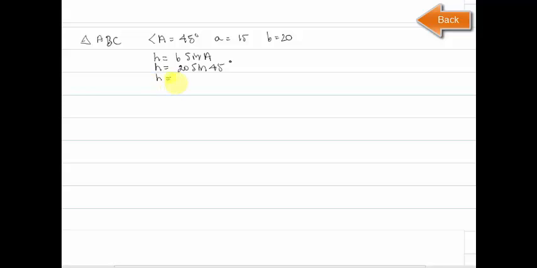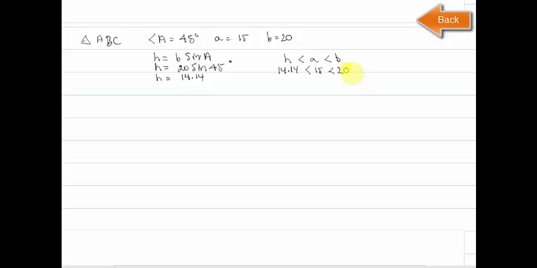And you get that the height is 14.14. Okay, so you can see that the height is shorter than A and A is shorter than B. So H is less than A, which is less than B. So 14.14 is less than 15, which is less than 20.